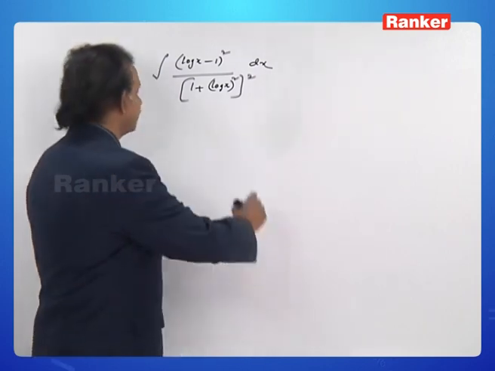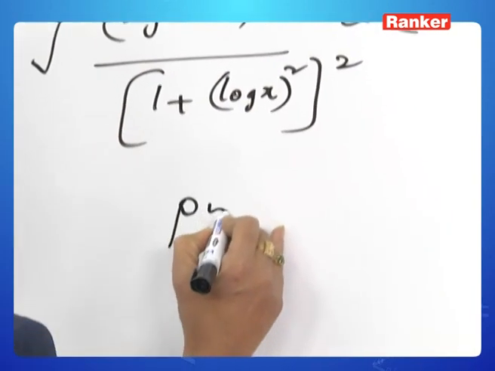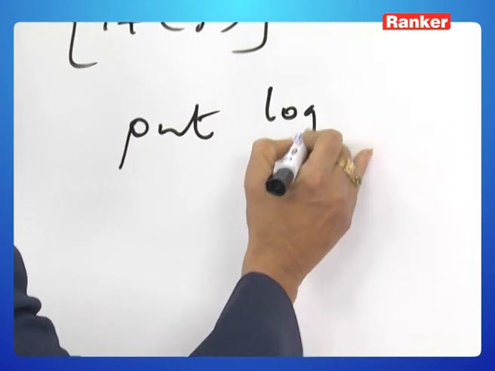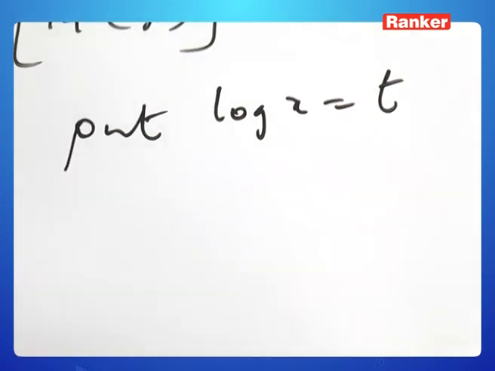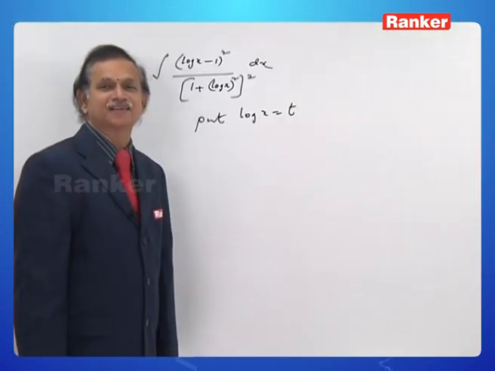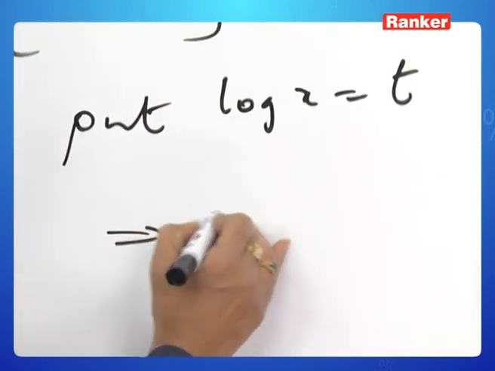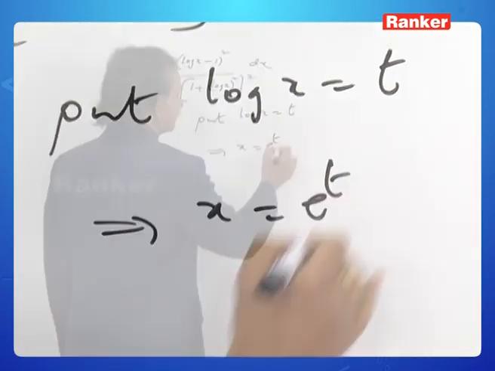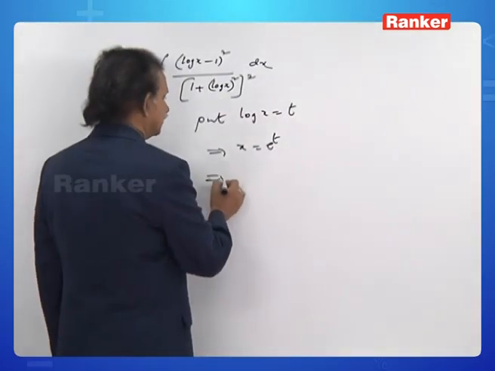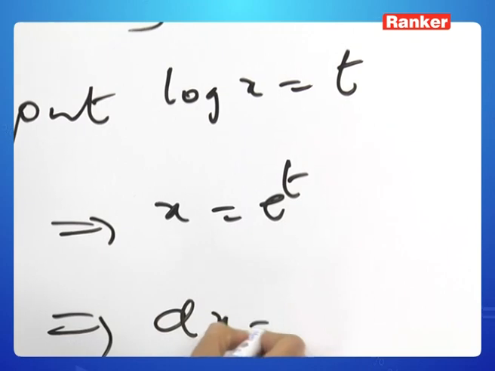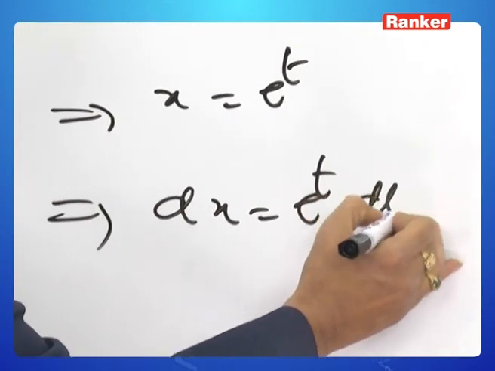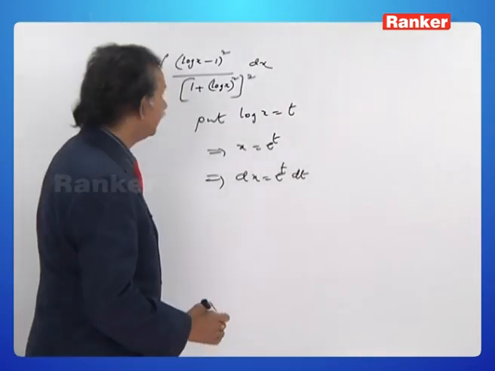You do one thing, put log x is equal to t, implies 1 by x dx is dt. No, don't do that. As log x is t, x is equal to e power t, implies dx is equal to e power t dt.